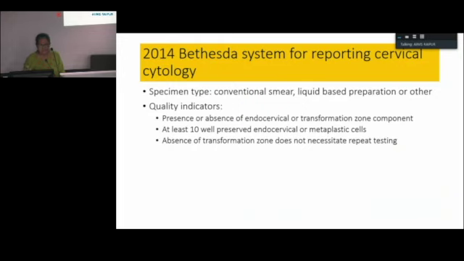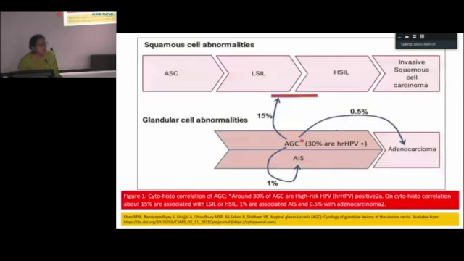That includes cellularity as well as presence or absence of the endocervical transformation zone, with at least 10 well-preserved endocervical or metaplastic cells. Absence of the transformation zone does not necessitate repeat testing, but it has to be mentioned in the comment. Now, in an LBC smear, you're looking at squamous cell abnormalities as well as glandular cell abnormalities.